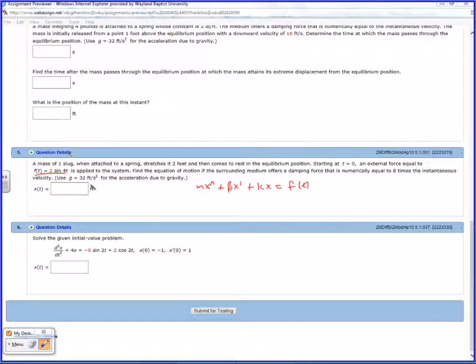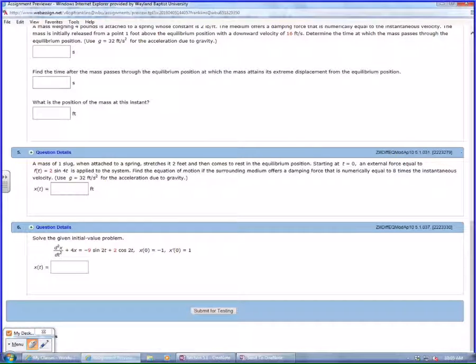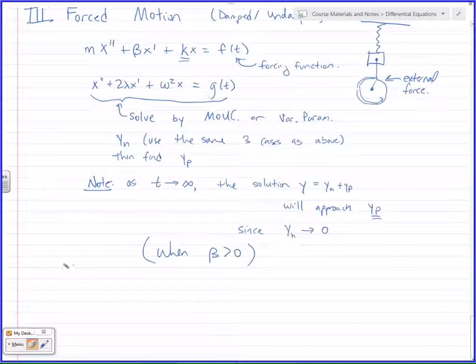So on this problem number 5, we'll write as a homework hint on the other one, first divide through by m, all the way across. Okay. So, let me get rid of this. Example, homework 5.